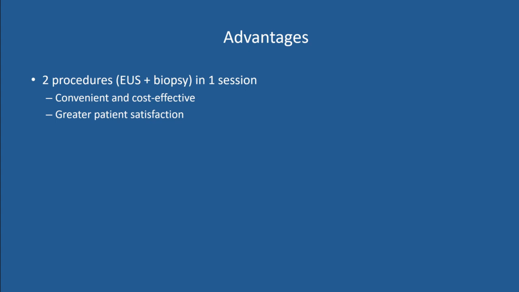So what are the advantages of this procedure? You can imagine that if you were the patient, you would like it. Why? Because it's two procedures in one session. You can look down my esophagus, you can look at my stomach, and you can do a biopsy while you're there. It's therefore convenient and cost effective. It's one procedure, and the patients are generally more satisfied with that.